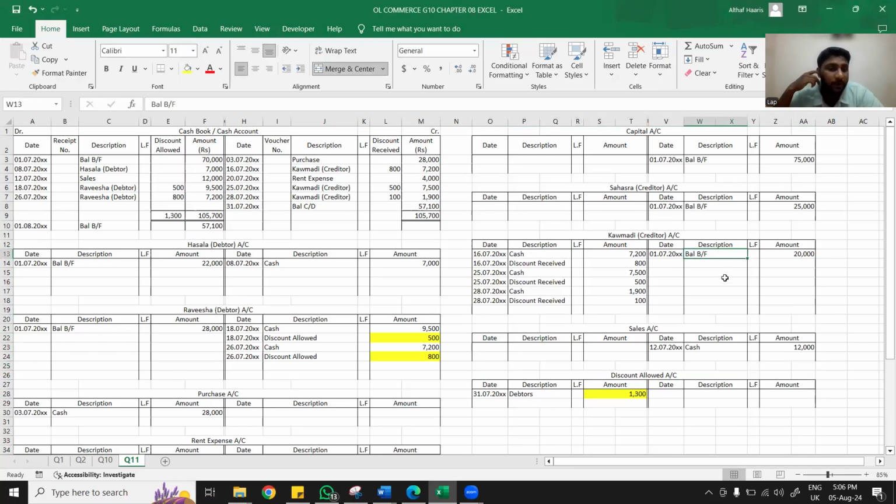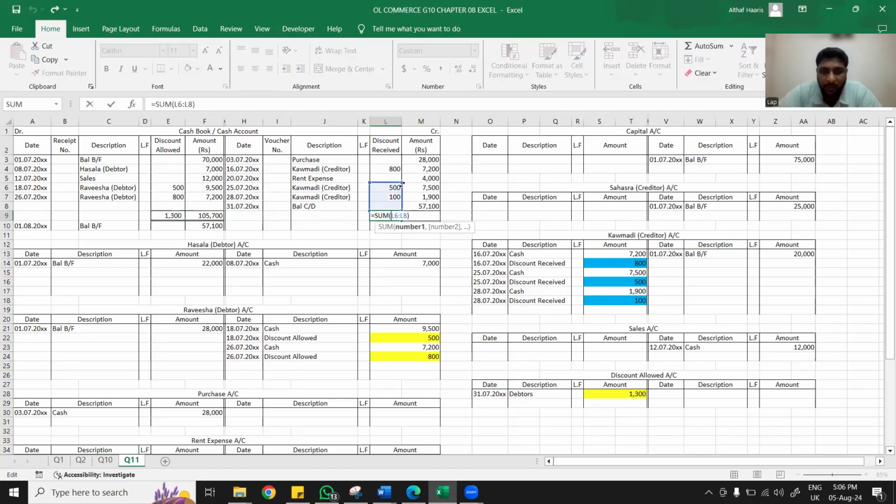Again, this one also same. Discount received also same. So let me highlight the discount received amounts. This one, this one, this one. You have debited for the creditors account, but you have credited temporarily for the cash book. So that's not a proper thing. You have to write it properly. For the proper discount received account, we have to write it.